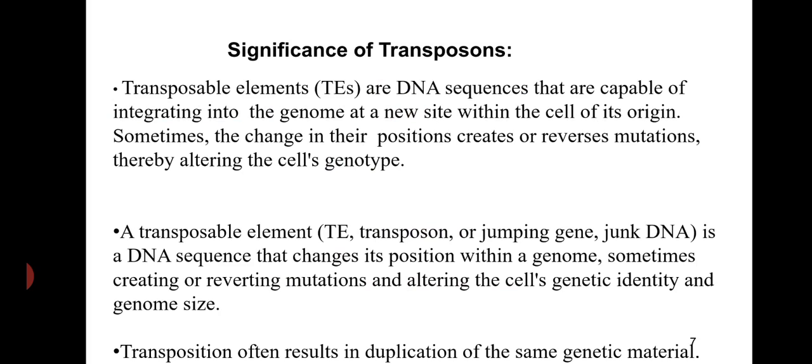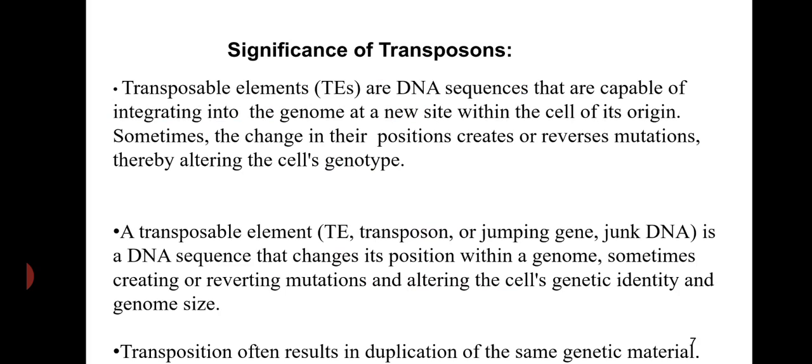Then secondly, transposable elements, also called TEs, transposons, jumping genes or junk DNA, are mobile DNA elements, a DNA sequence that changes its position within the genome, sometimes creating or reverting mutations and altering the cell's genetic identity and genome size also.